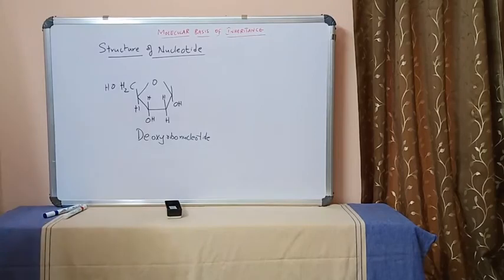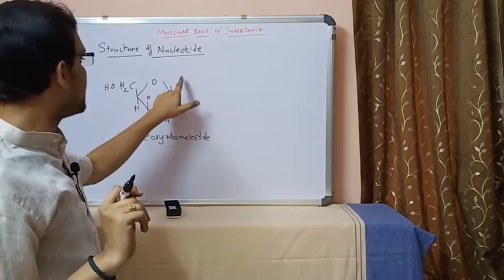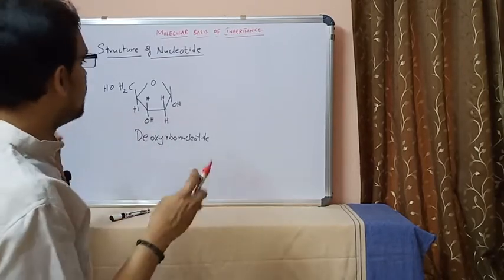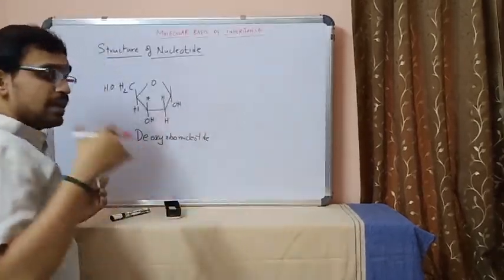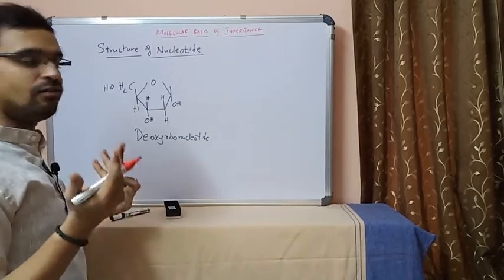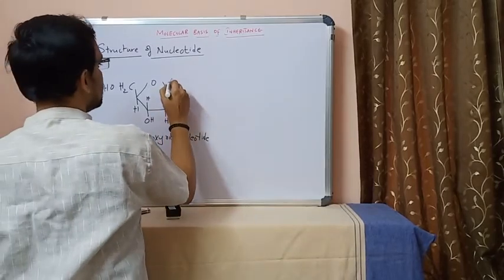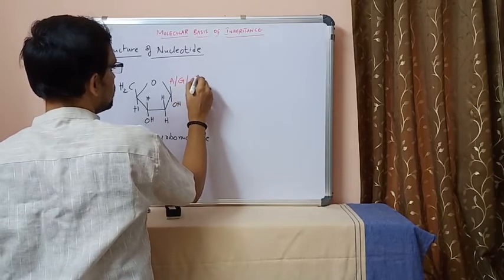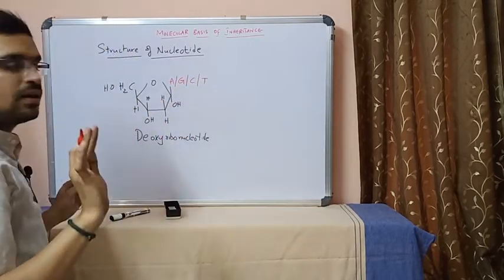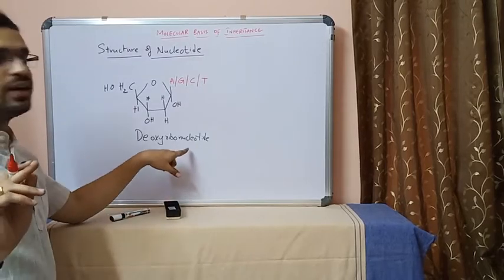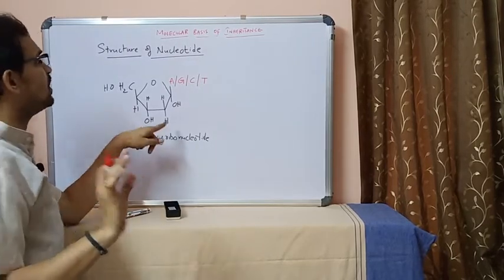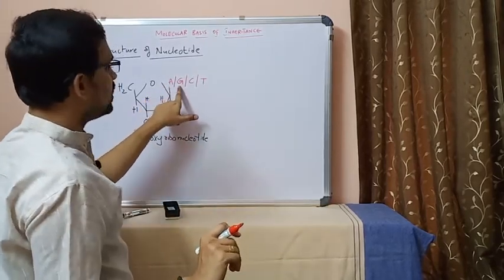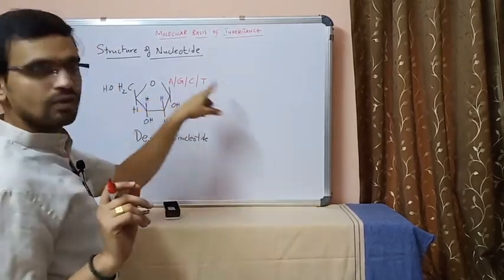Now if it is nucleotide, definitely there should be base and phosphate. The nitrogen base may be either purine or pyrimidine, whatever it may be. So adenine or guanine or cytosine or thymine. No uracil, because it is deoxyribonucleotide. In DNA, no uracil. Thymine should be there, uracil should be absent. So A or G or C or T, any base.